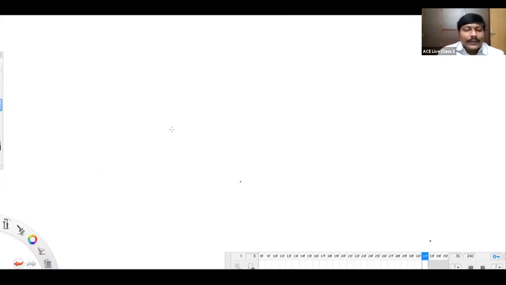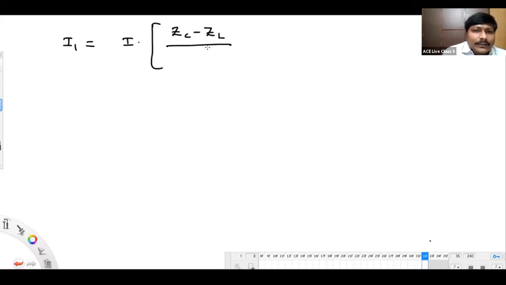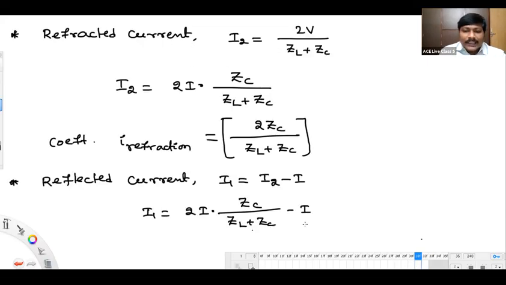So I1 is equal to, by taking that current common, ZC minus ZL by ZL plus ZC. Just simplify that expression, you will get it.